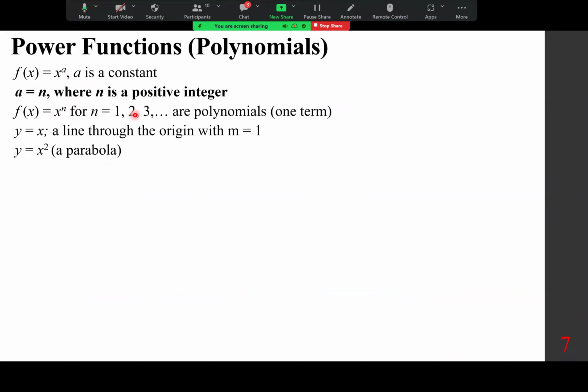N is 1, 2, 3, and it continues indefinitely, or polynomials. They have only one term. For example, y equals x is a line through the origin with the slope being 1. Y equals x squared is a parabola. Okay, so we remember those.